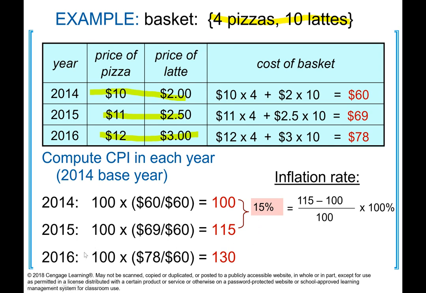And what about 2015 to 2016? The percentage change is 13%. Here, the current year, 2016, is 130 minus CPI for 2015, 115, and you divide by 115, multiplied by 100. Okay.